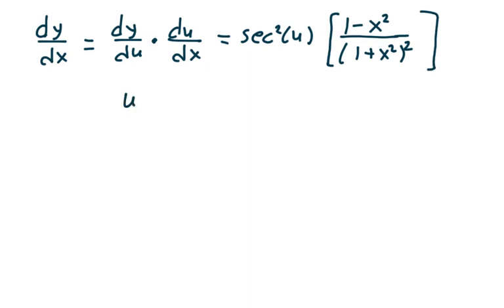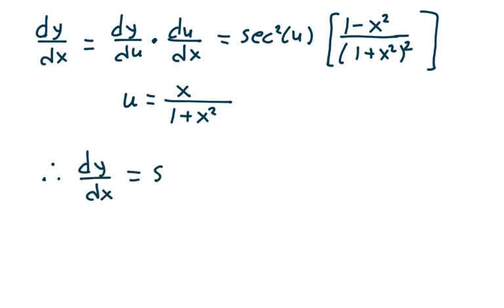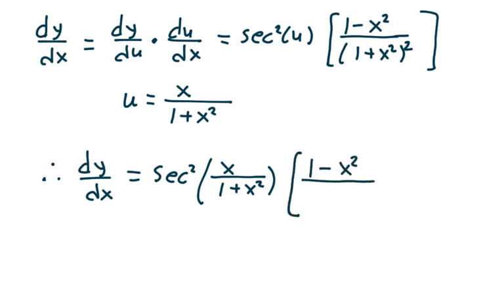But remember that u is x over 1 plus x squared. Now we get to make our substitution. dy/dx is secant squared of x over 1 plus x squared, times 1 minus x squared divided by 1 plus x squared squared. And that will conclude this video. Okay, thank you.